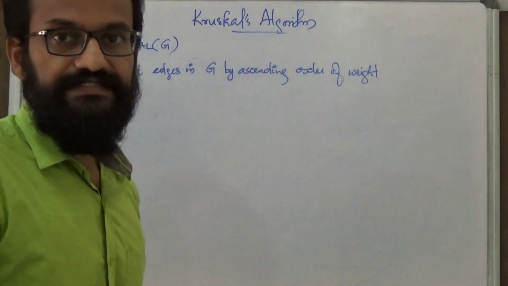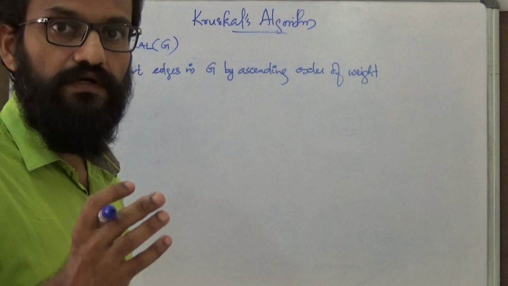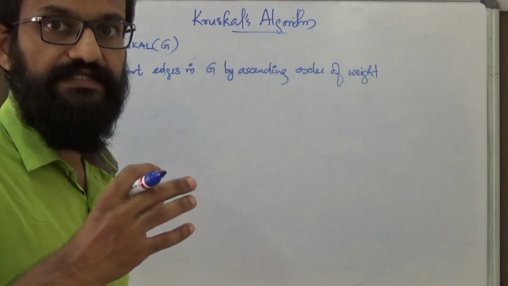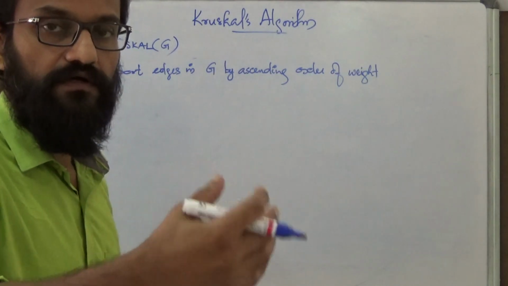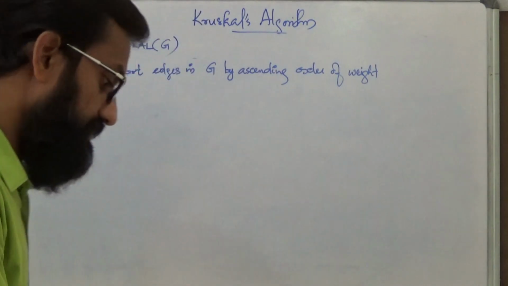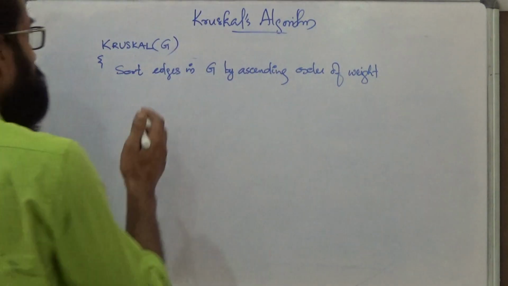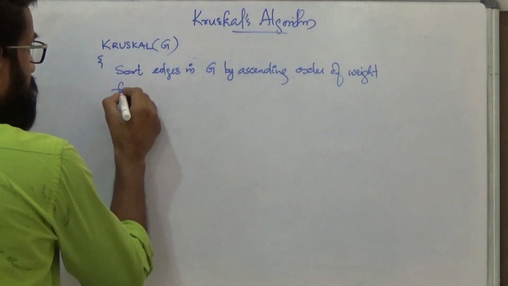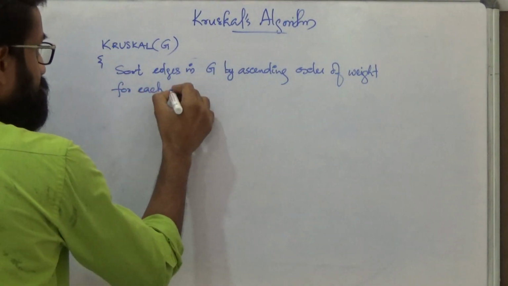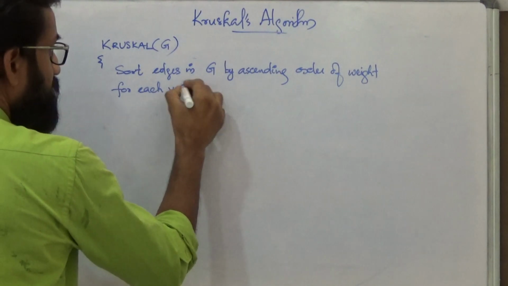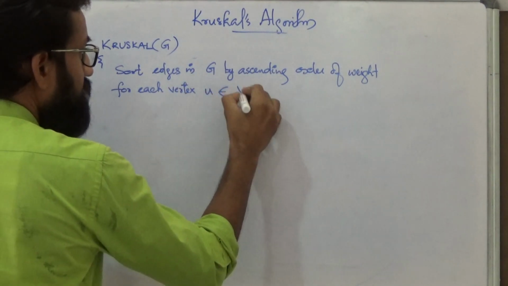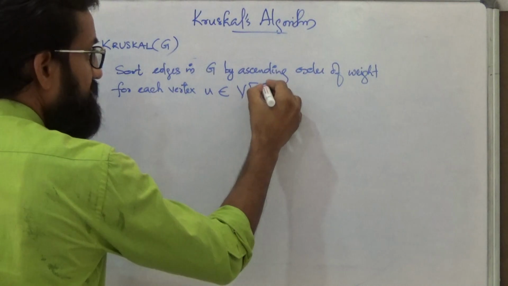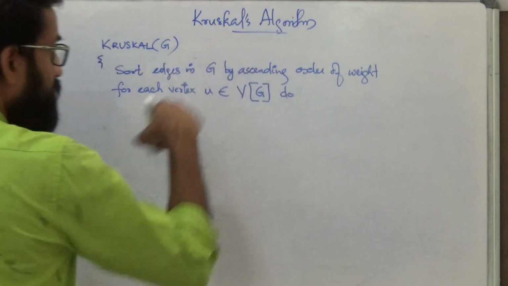Now, as I said, the second step is you have to perform make set for each vertex. Create n singleton sets where n is the number of vertices. So we can write, for each vertex u belonging to vertices in graph G, do the following.